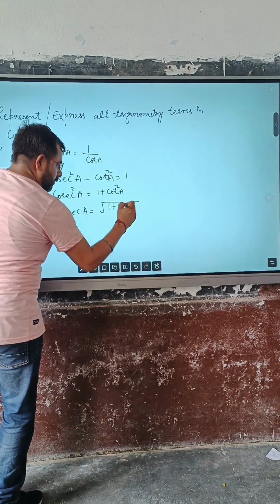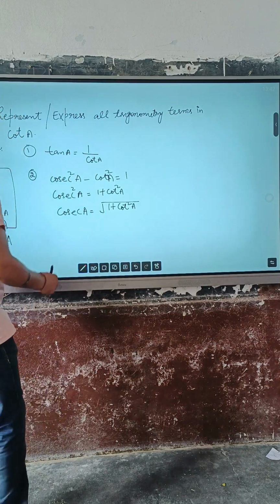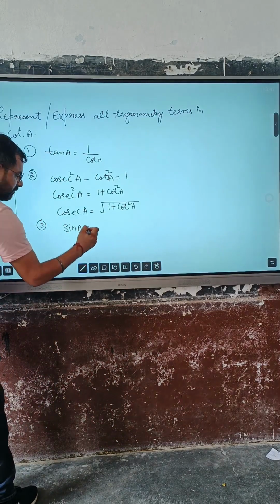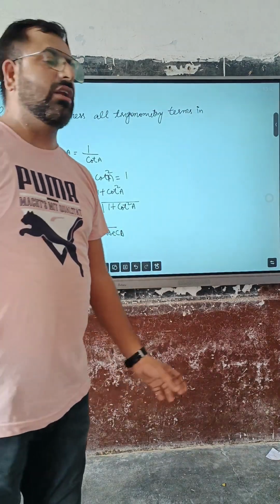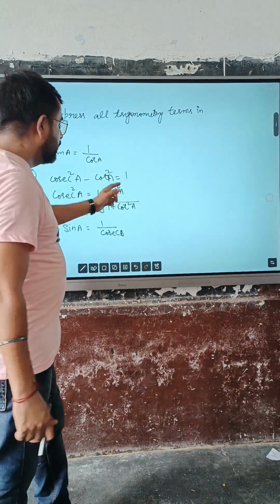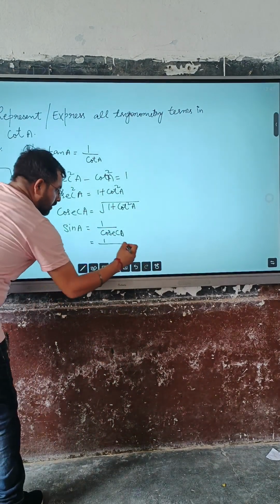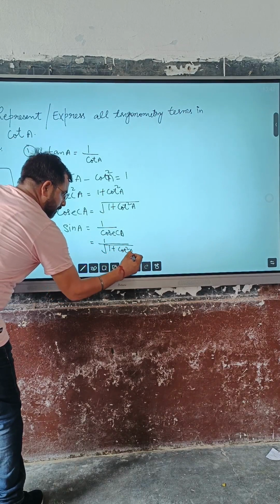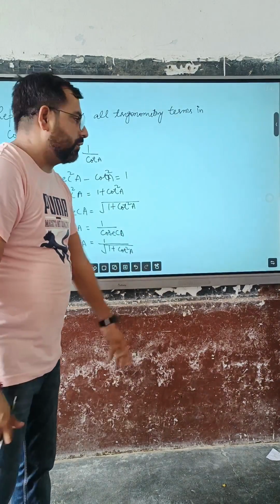The value of cosecant is the square root of 1 plus cot square A. Now third one, we know that sin A is 1 upon cosecant A, they are reciprocal of each other, and we have the value of cosecant in terms of cot, so we fill that value into sin. In this way we get the value of sin in terms of cot.